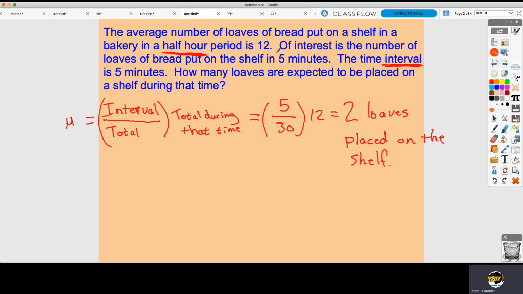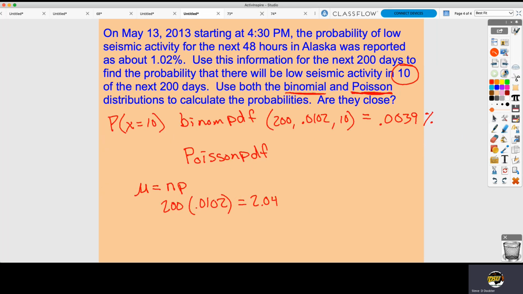All right, which was right there. For this, we're going to have to find it. So for our Poisson, we're going to have our expected value of 2.04, and we want to find exactly 10. What we get for an answer for that one is 0.0045%.